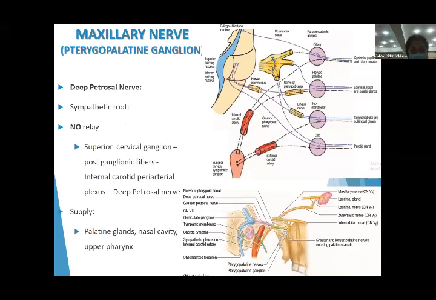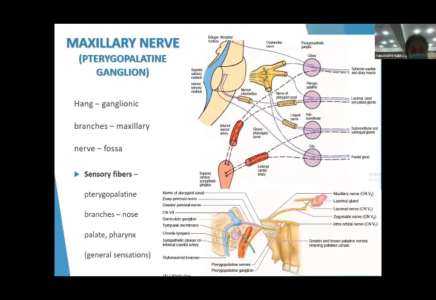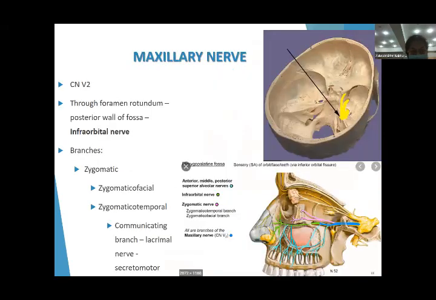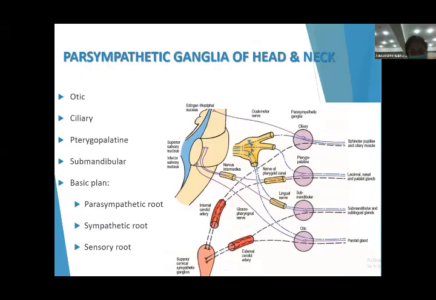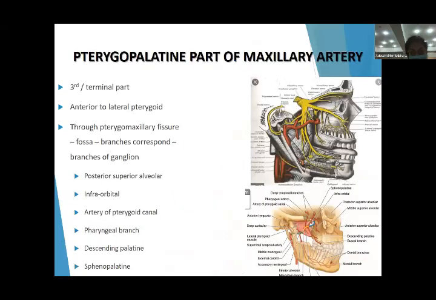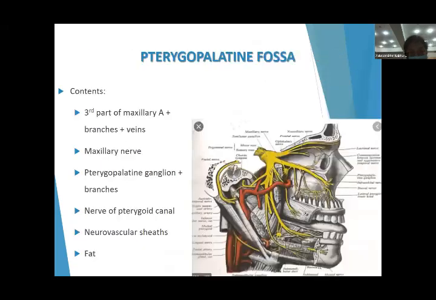Maxillary nerve, pterygopalatine ganglion, ठीक है. ये जनरल लेआउट बताया था maxillary artery, उसकी branches, उसकी third part जो pterygopalatine fossa में आता है, that part of the maxillary artery, उसकी branches हमने की थी सारी.